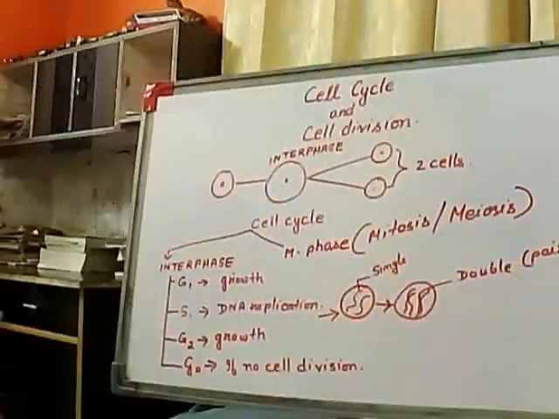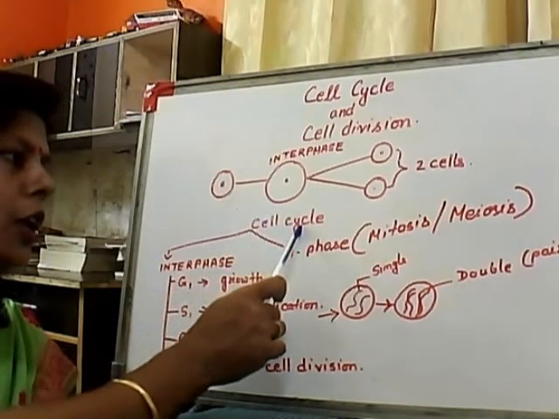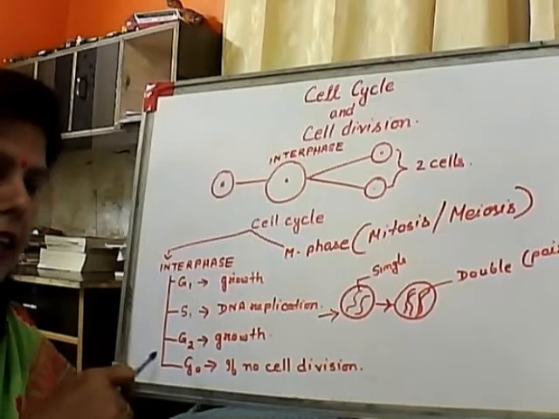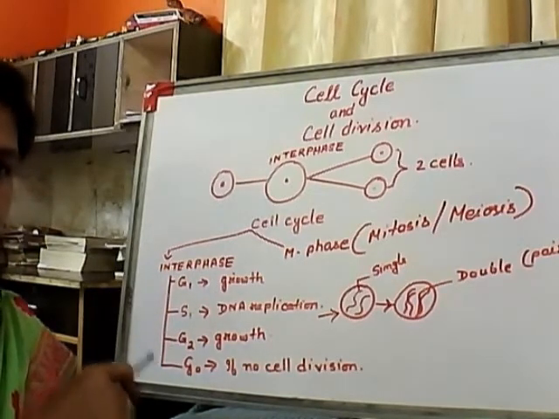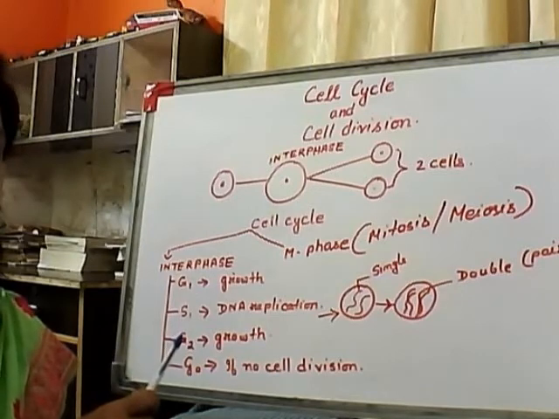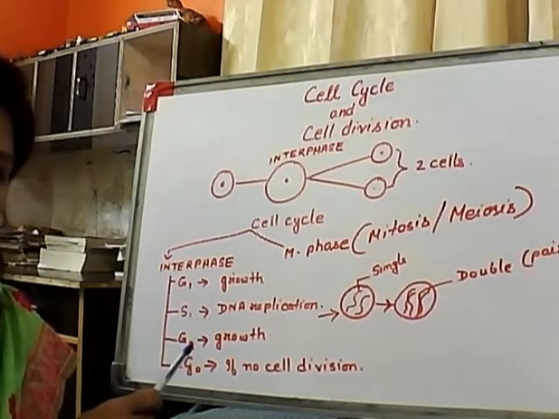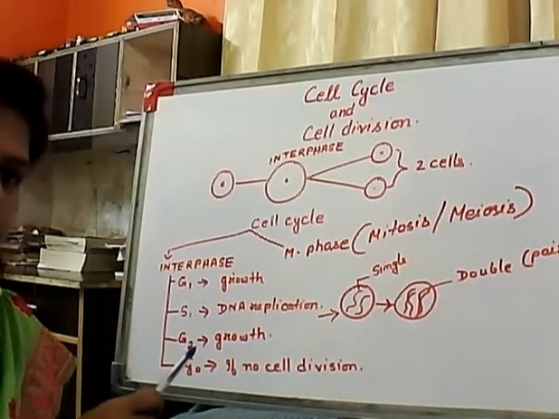So just two things you remember. One is, what does cell cycle mean? It has two phases: interphase, that is the non-dividing phase, or you can say the preparation phase. For example, at home, when you come to know that some guests will come, what will your parents do? First they will do some preparation.